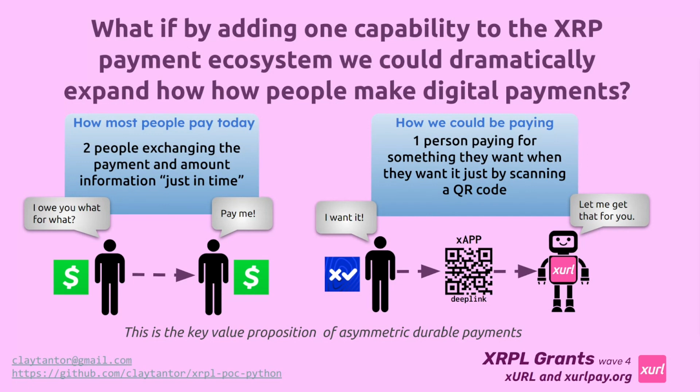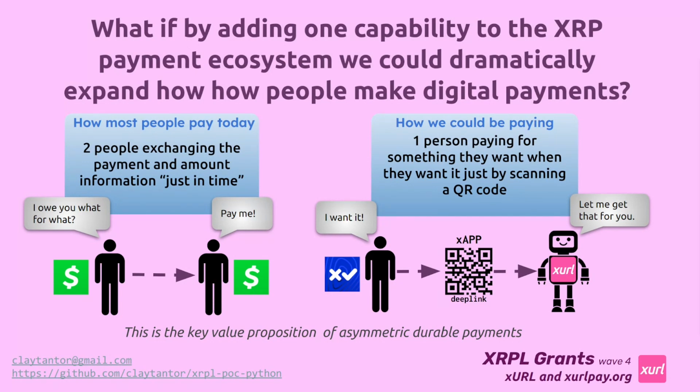What I mean by that is, what we're used to doing commonly with payment systems is this kind of just-in-time payment between two individuals, two wallets, like Cash App or Venmo or these types of things. But to do that, two individuals have to coordinate and share information just in time.